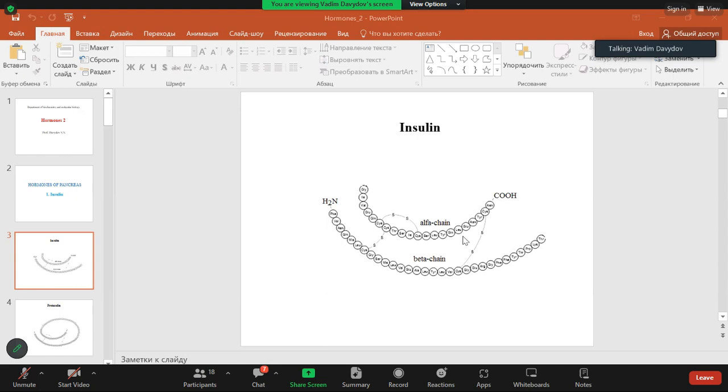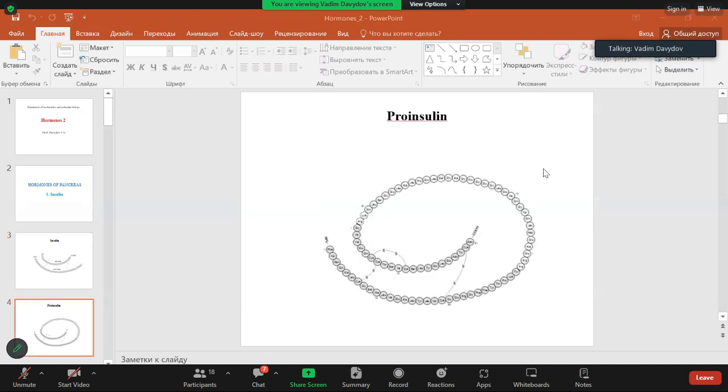Now, I want to say some words about the synthesis of insulin. Synthesis of insulin in the pancreas is a very complex process. The initial precursor of insulin is a special protein called preproinsulin.